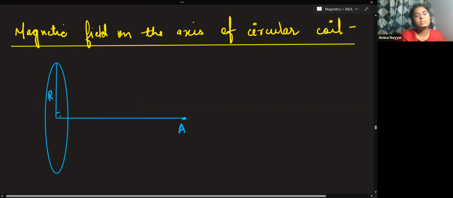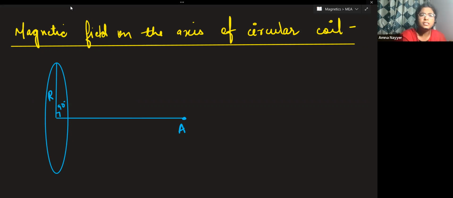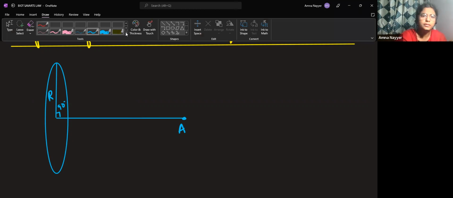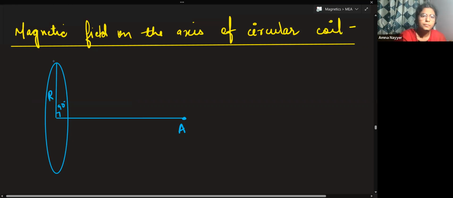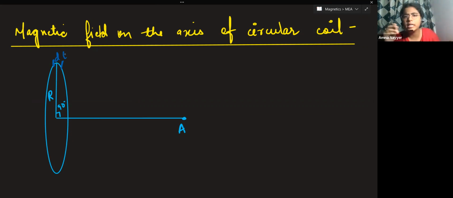This makes an angle of 90 degrees, and at point A we are calculating. I have taken a very small portion, dl. If I know the magnetic field because of dl, I can integrate it. Integration will result in the complete answer.